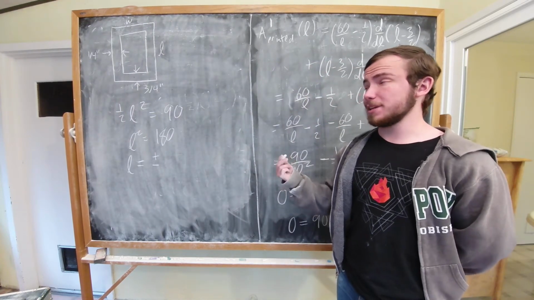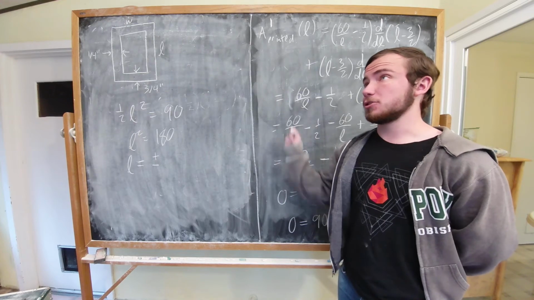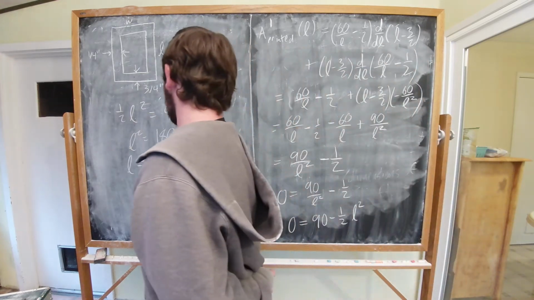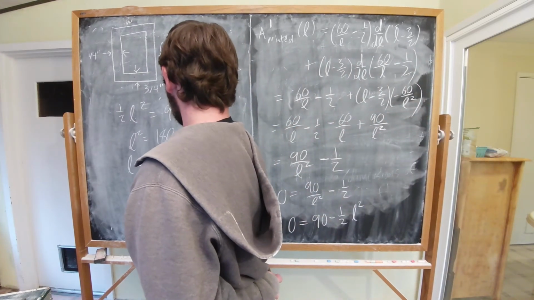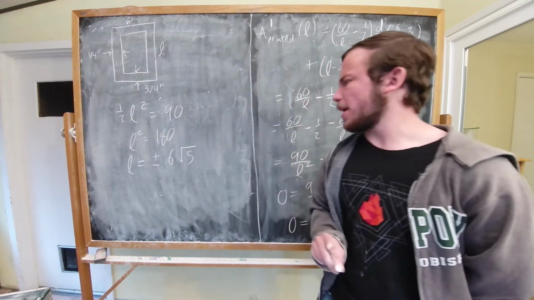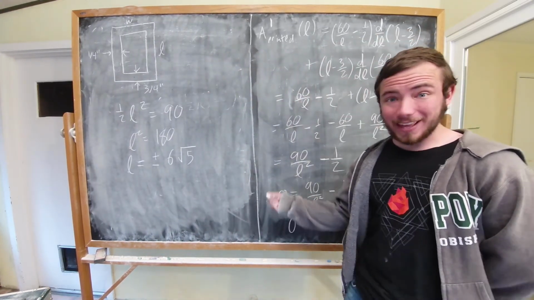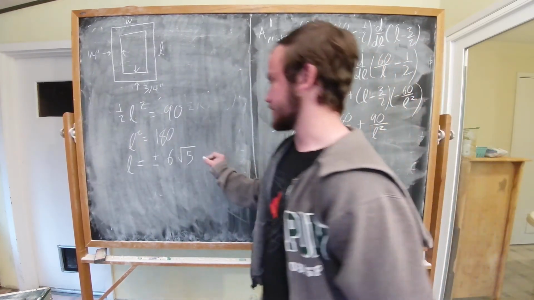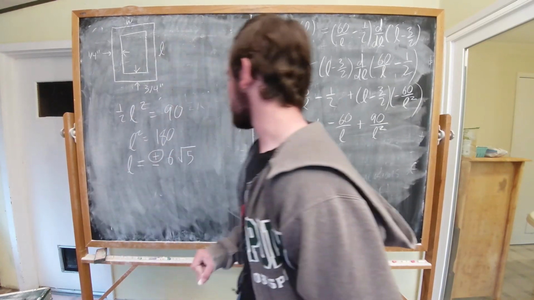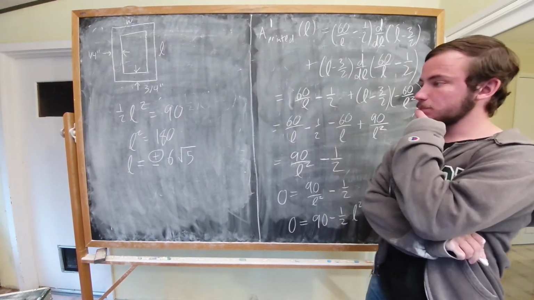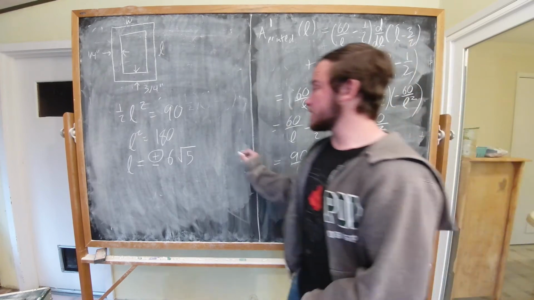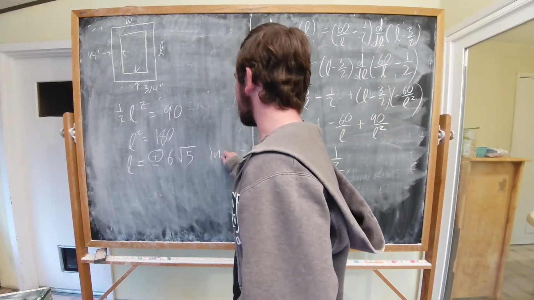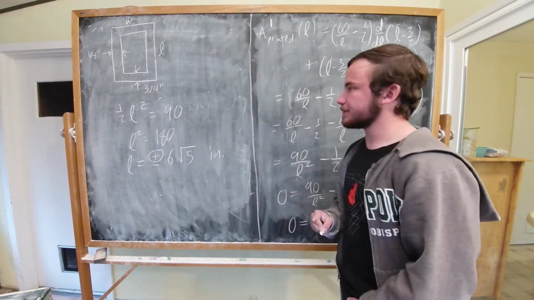So we'd have 3 times the square root of 20, which will be 6 times the square root of 5. Alright, and obviously we're working with a length, so we're going to choose the positive version. So that's your length. 6 times the square root of 5 inches.